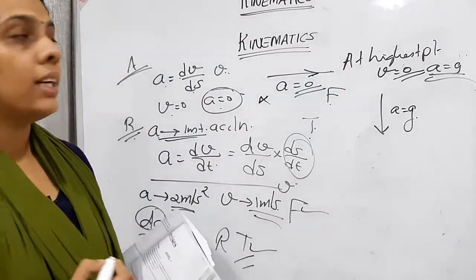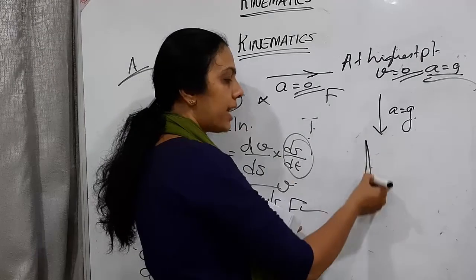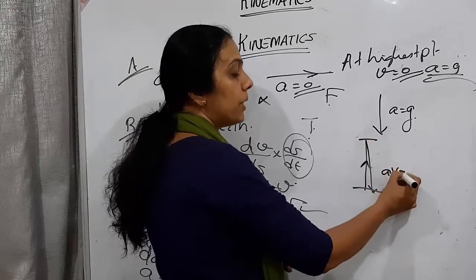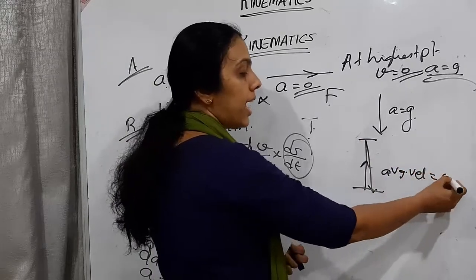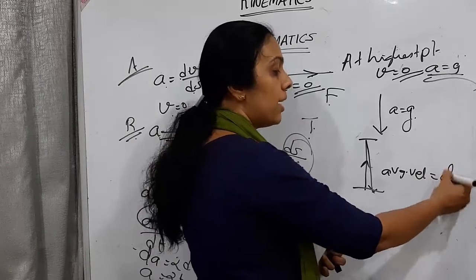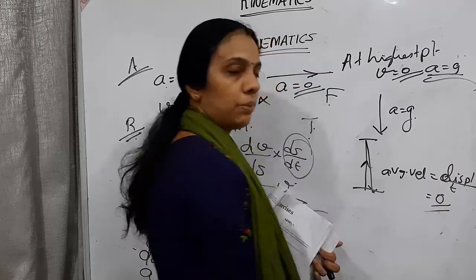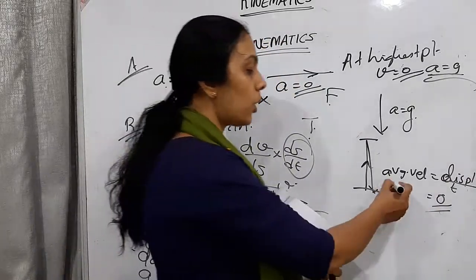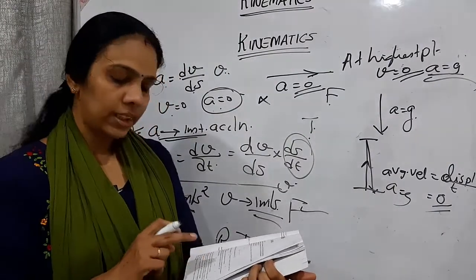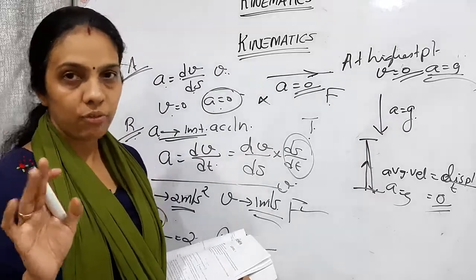But see, if an object is moving in the upward direction and coming back, average velocity here will be equal to 0, because total displacement is equal to 0. Displacement is 0, therefore average velocity will be 0. Here acceleration is constant acceleration, right?